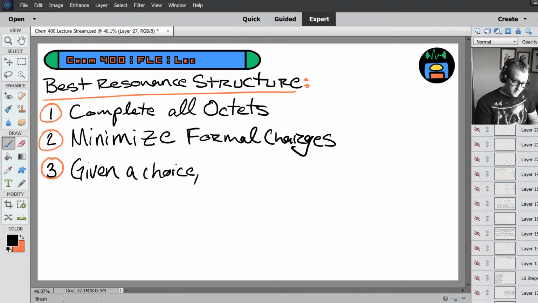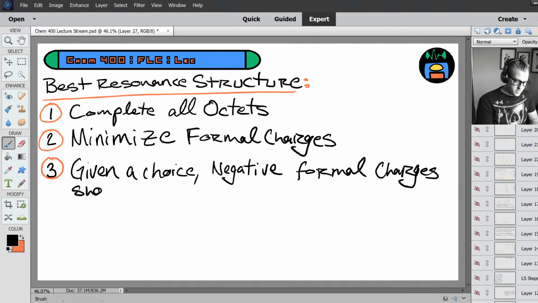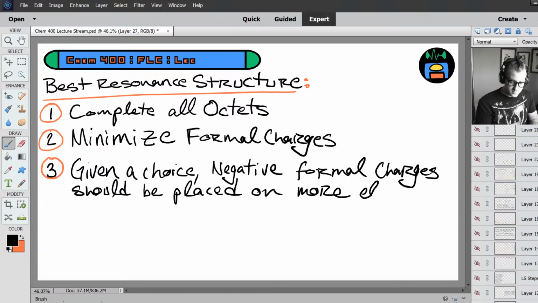Given a choice, negative formal charges should be placed on more electronegative elements.